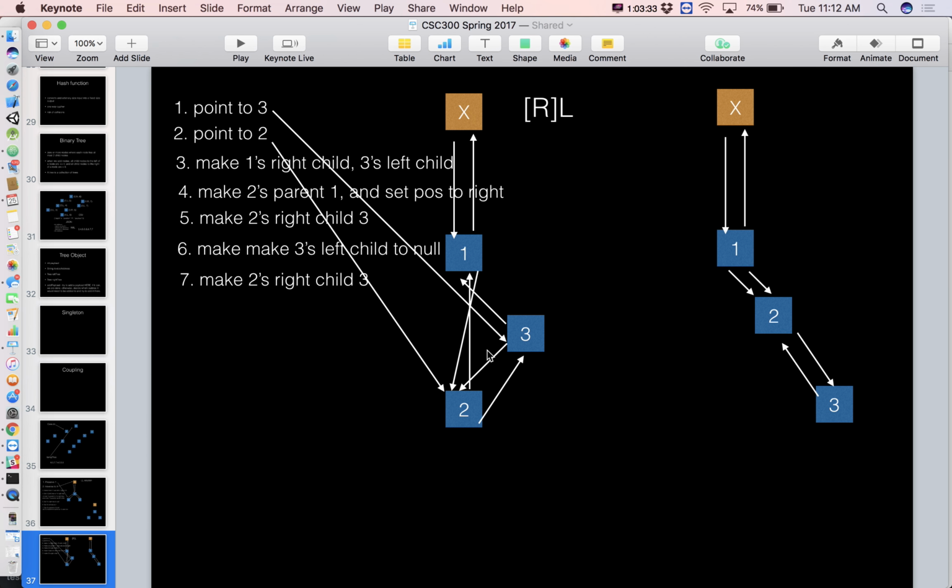So 3's left child is null. And then we want 3's parent to get set to 2. So that's that. And then 3 should also know that he's a right child.